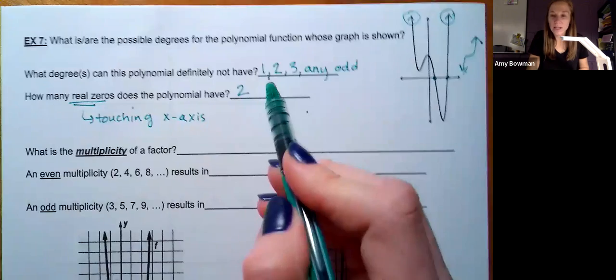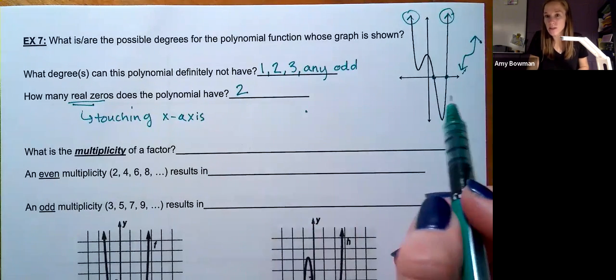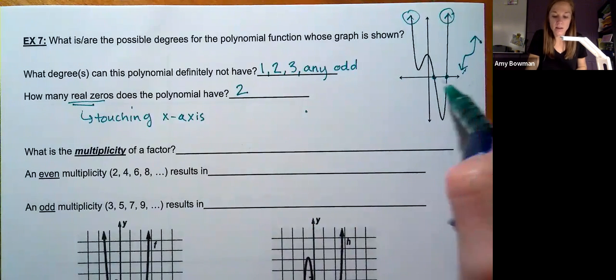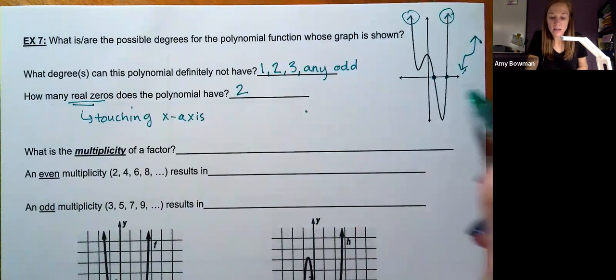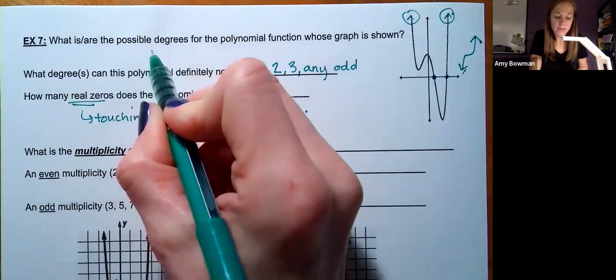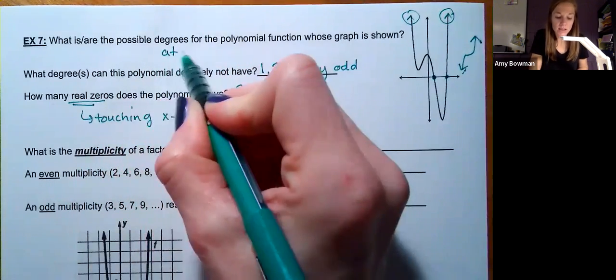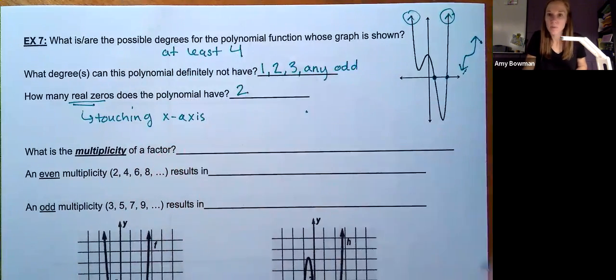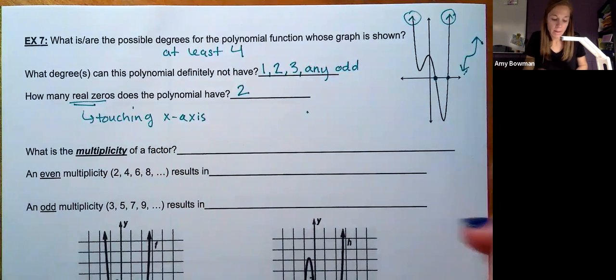But we know that it's not degree 2 because it's not just a parabola. So because of that, the degree of this would be at least 4.